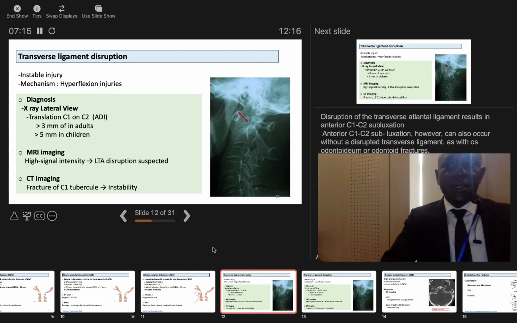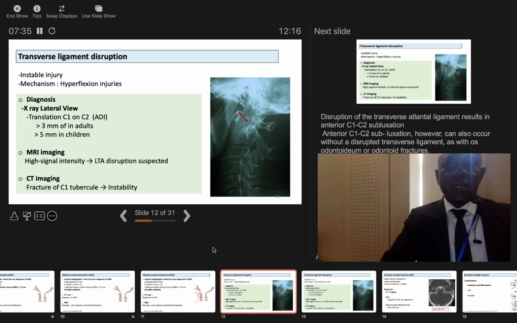The second ligamentous injury is the transverse ligament disruption. This lesion is an unstable injury. The mechanism can be hyperflexion.